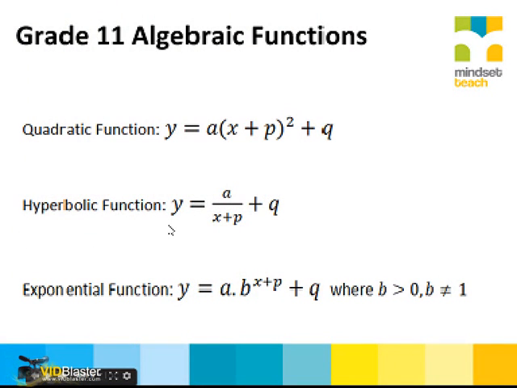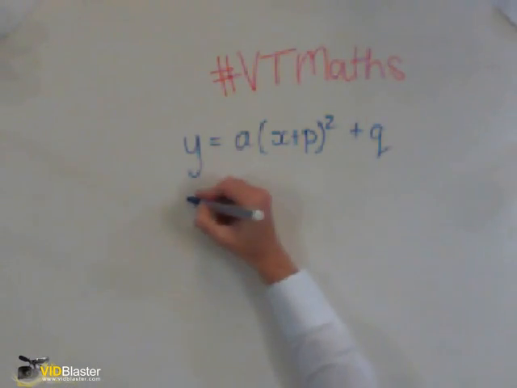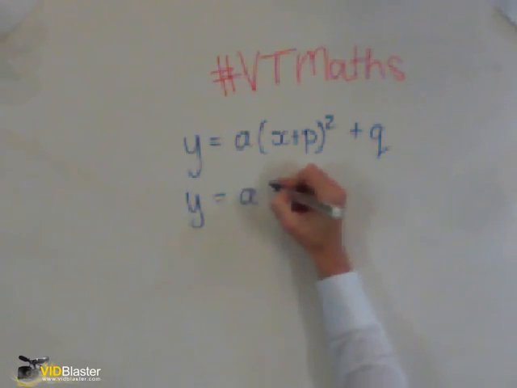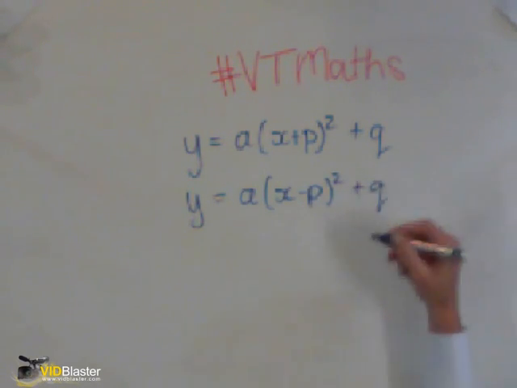I'm not too sure what has happened, and this is important because there are still some textbooks which say, for example, let's put up the quadratic function, y equals a(x plus p) squared plus q. And in some textbooks you'll find that it's y equals a(x minus p) squared plus q.